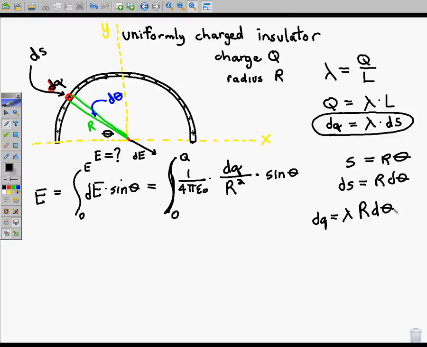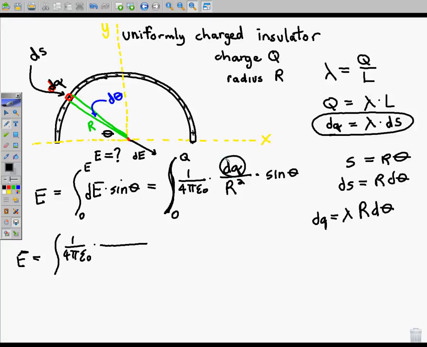So here we go. I'm just going to bring this down to the next step. So E equals the integral of 1 over 4 pi epsilon 0 times dq. But what am I going to substitute in for that dq right there? Lambda r d theta.